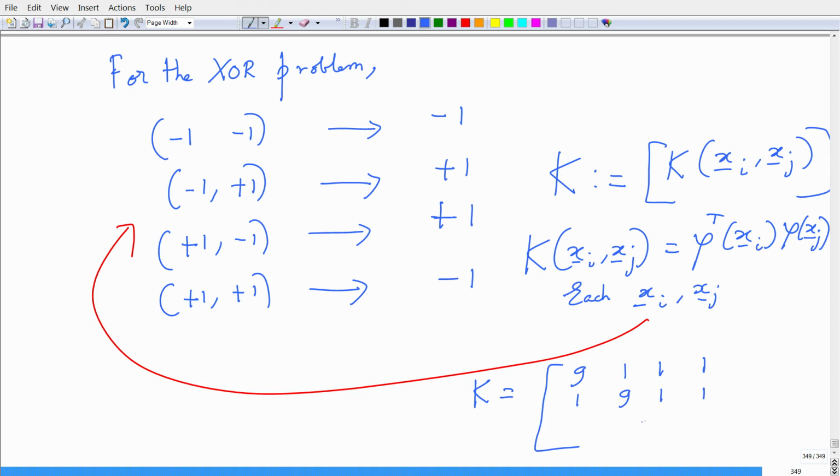That is, I have the element 9 along the diagonal and every other element is a 1. This is a straightforward computation because I have to evaluate phi of xi and phi of xj over these points, for every possible pair of the 4 points. So, I get a 4 by 4 matrix, and this is what I have over the points for the XOR problem.